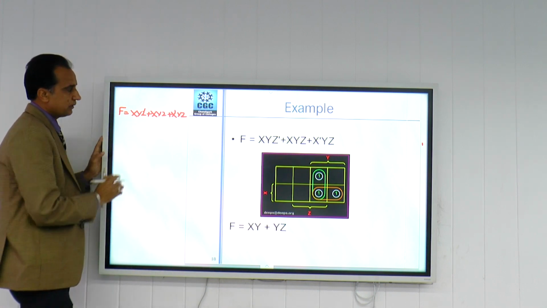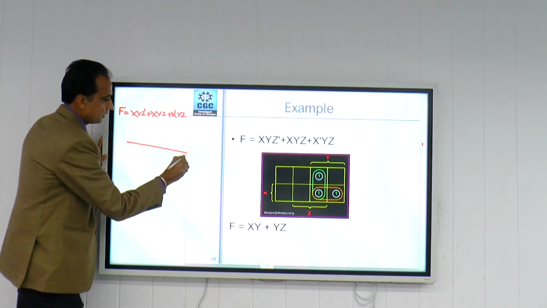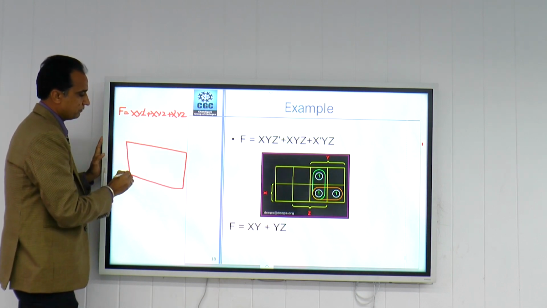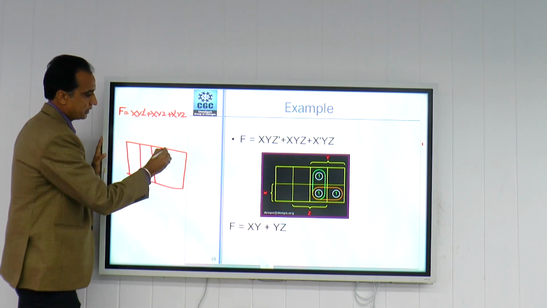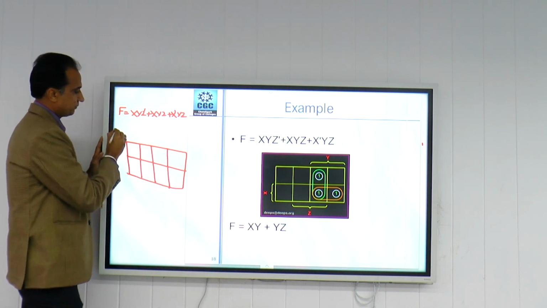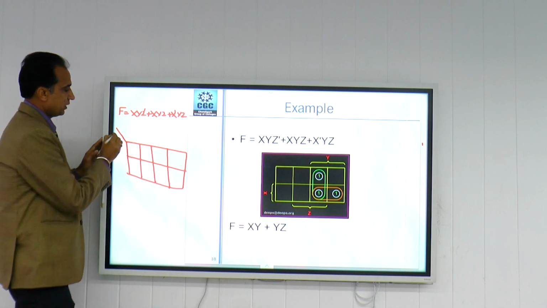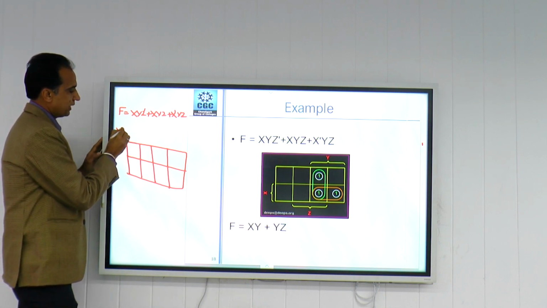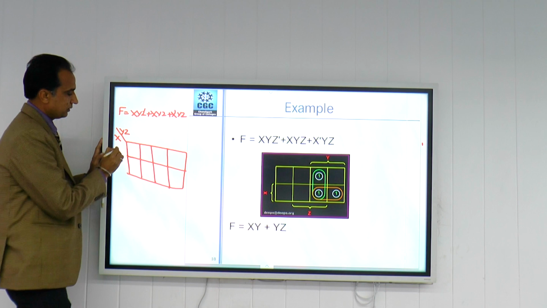Now three variables are there, so first of all, I have to draw a map which contains 8 boxes. X, y, and z.